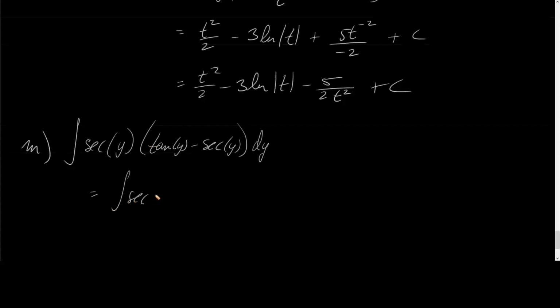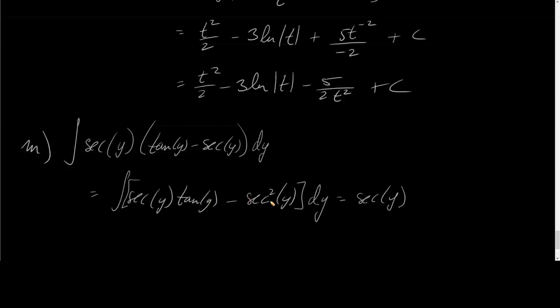So I have secant of y tan y minus secant times secant, which is secant squared, dy. And then the antiderivative of secant times tangent is just secant. The antiderivative of secant squared is just tangent. And then plus our constant of integration c.